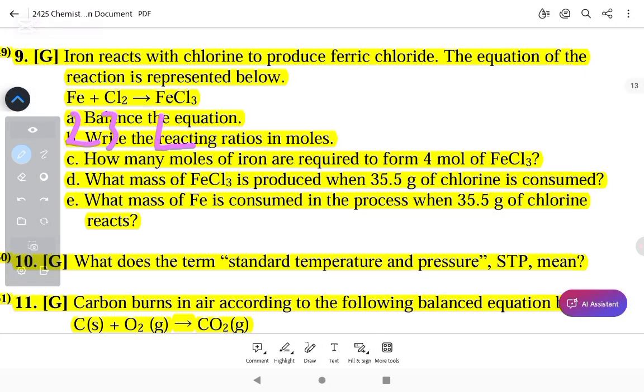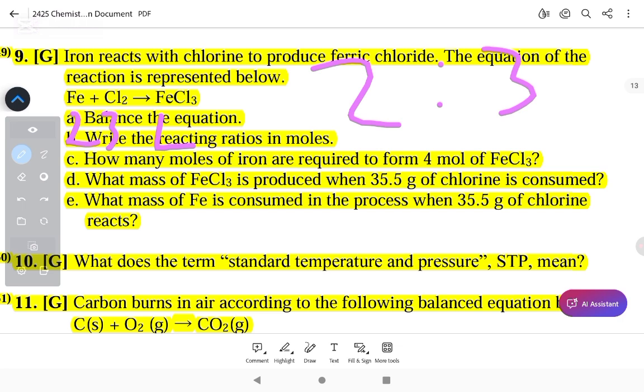What mass of Fe is consumed in the process when 35.5 grams of chlorine reacts? We know the balanced equation is 2 Fe to 3 Cl2 to 2 FeCl3. So Fe 2, chlorine 3. What mass of Fe is consumed when 35.5 grams of chlorine reacts? Chlorine 35.5, divided by 71 as we did in the first place.